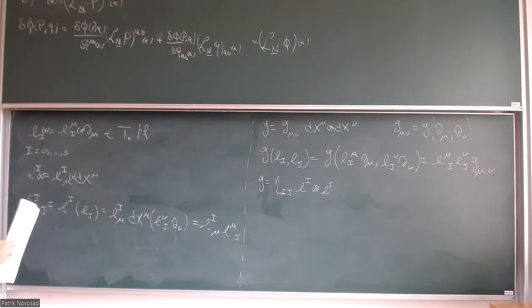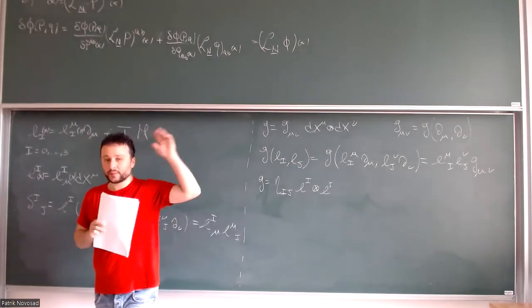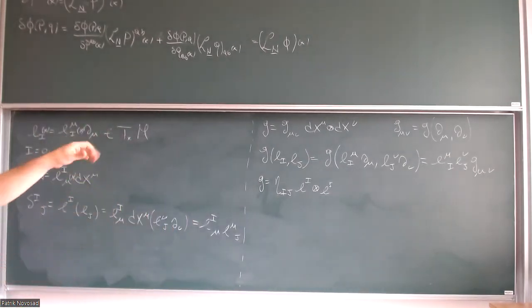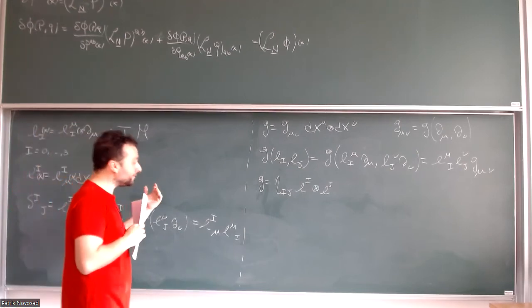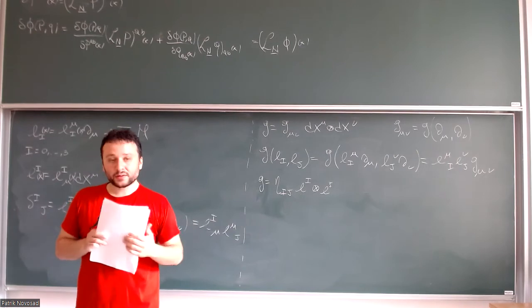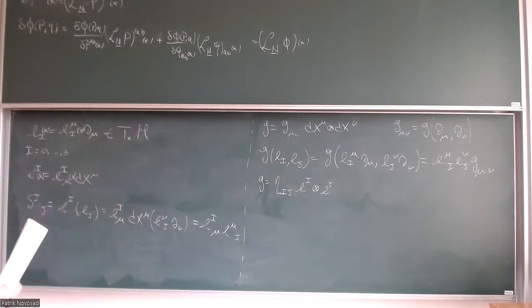Well, instead of choosing a polar basis, that we can write as one forms, I can choose to write EI. The matrix E I mu is just an invertible matrix.